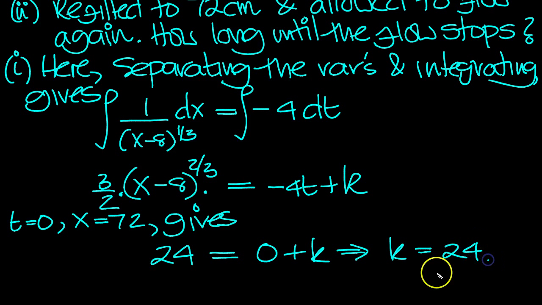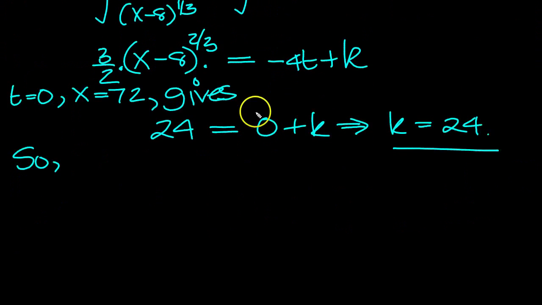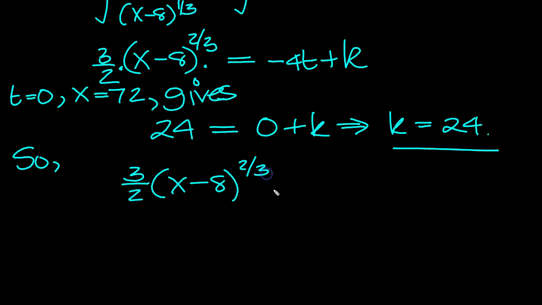So we've got our constant value here, so we can write down our particular solution for this differential equation. 3 over 2 times x minus 8 to the 2/3 is equal to 24 minus 4t.